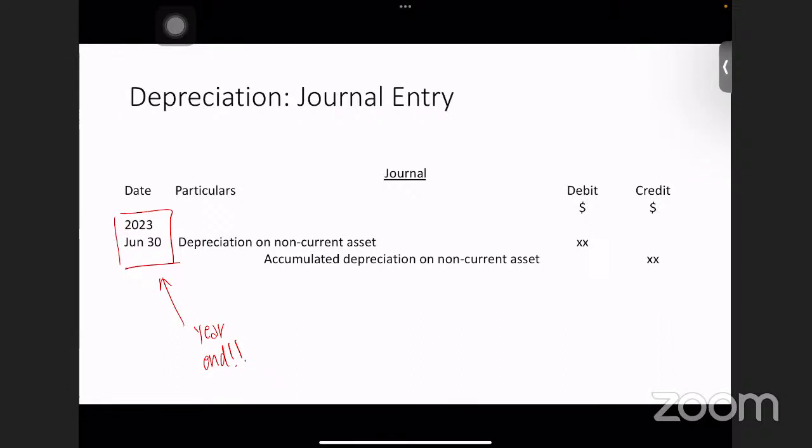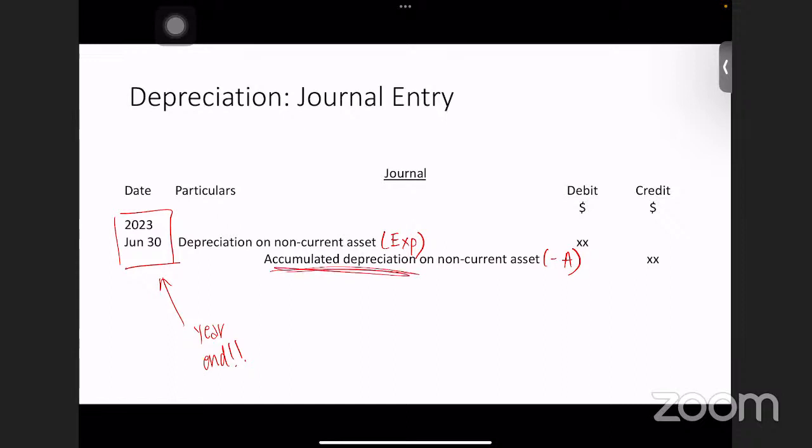The year end doesn't need to be 31st December all the time. It can be 30 June, 31st March, or 31st July. So at the financial year end, I will debit depreciation, credit accumulated depreciation. Depreciation is an expense, that is a debit. Accumulated depreciation is a contra asset.